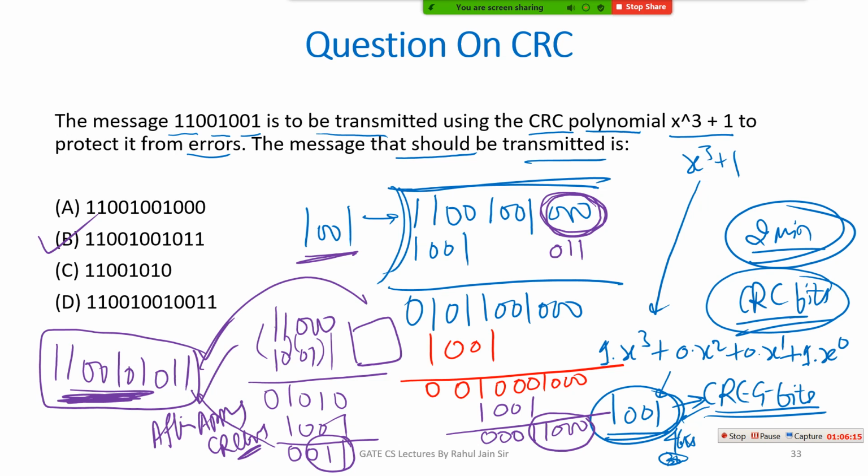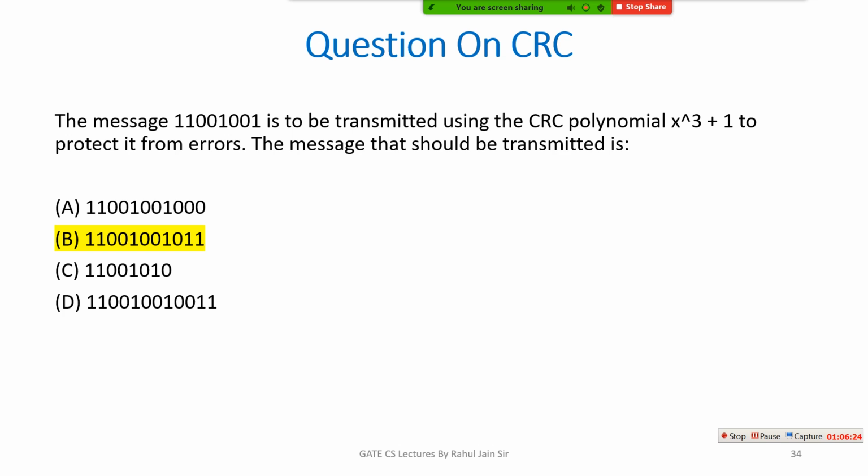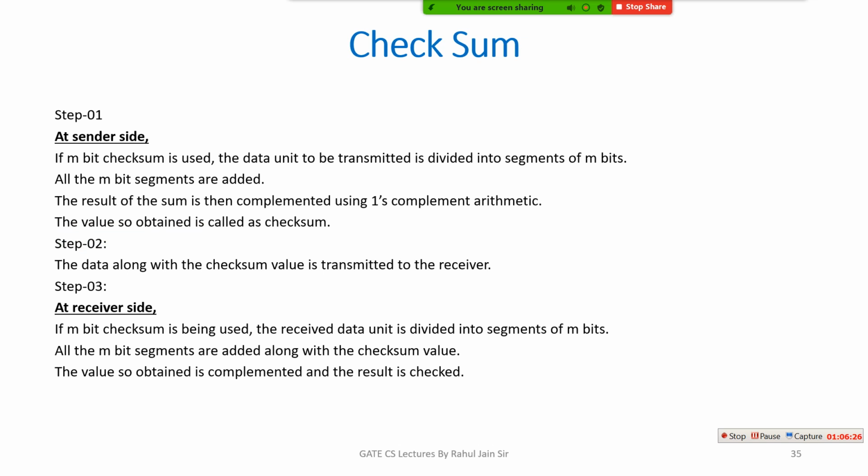Now, guys, a short topic here is the checksum. So focus here. What is checksum? On the sender side, if an m-bit checksum is used, the data unit to be transmitted is divided into segments of m bits. Basically, checksum is done in a similar way to CRC, but in place of CRC generator bits and CRC bits, we just divide the sequence of data.